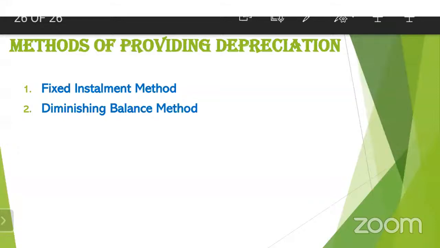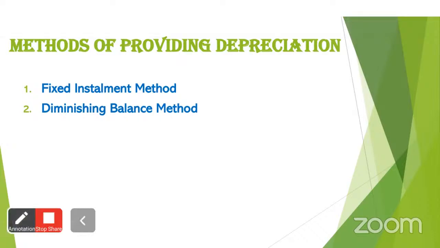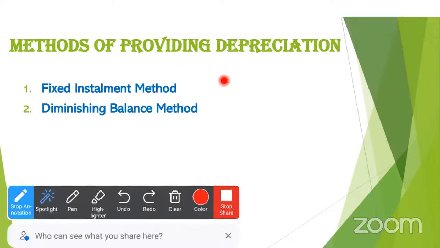Okay, fixed installment method. It is the simplest method of charging depreciation. Under this method, depreciation is charged on the original cost of asset every year. Using this fixed method, we will calculate the depreciation for every year using the same value of the asset.